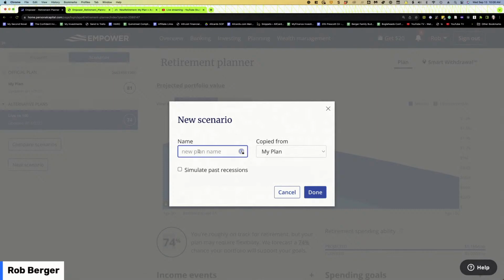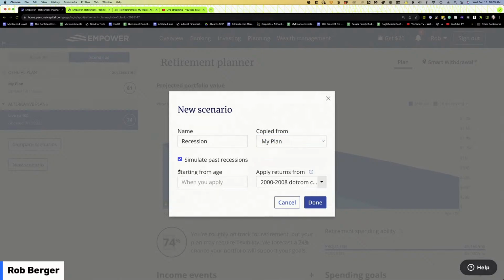So we'll just call it a recession, I guess. Well, that's what we'll name it. We could base this on live to 100 and combine our stress tests, right? But for now, and that's, I think, a good thing to do, and I'll leave that for you to do on your own. But I think we'll just base it off my plan, and we're going to simulate past recessions. And here we have to put the age.